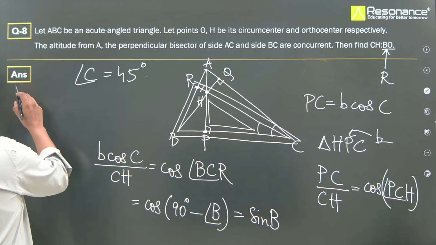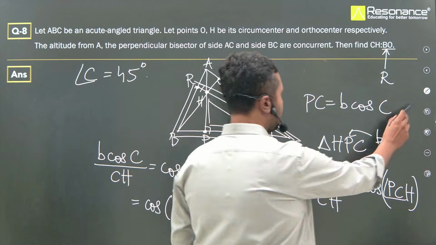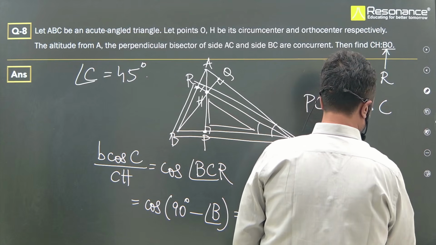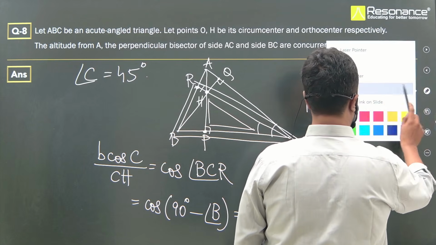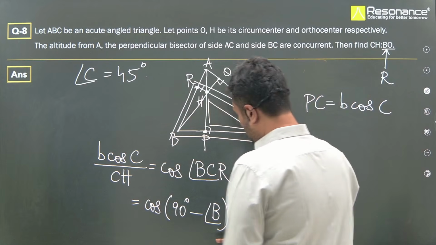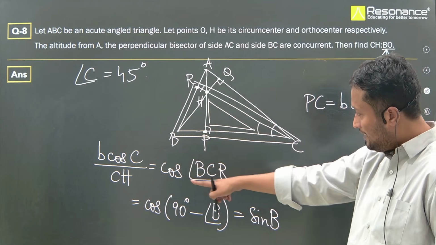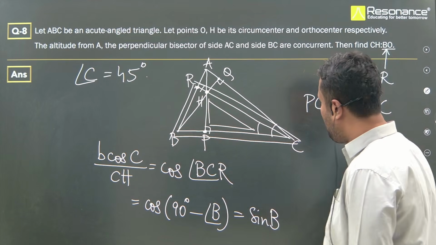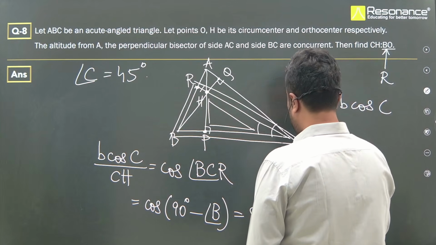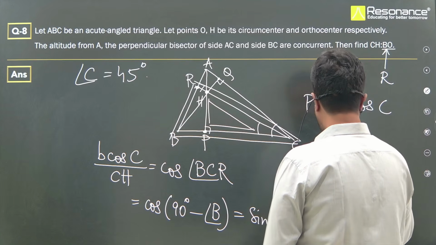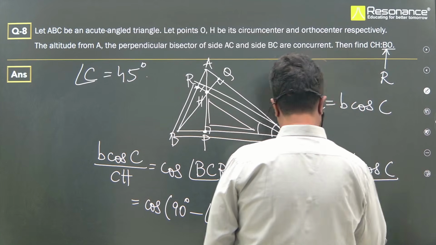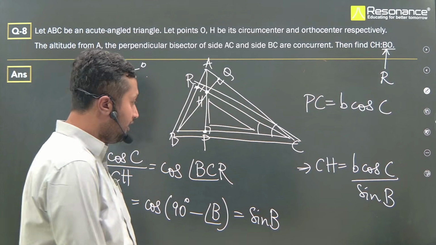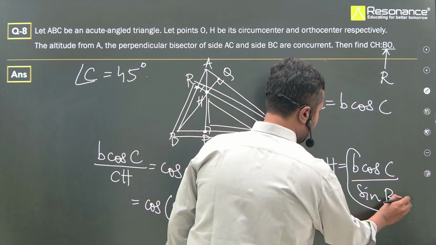So let's put these things together. What did we get? So b cos C divided by CH is equal to sine B. Therefore, CH is equal to b cos C divided by sine B. You might notice this quantity over here.